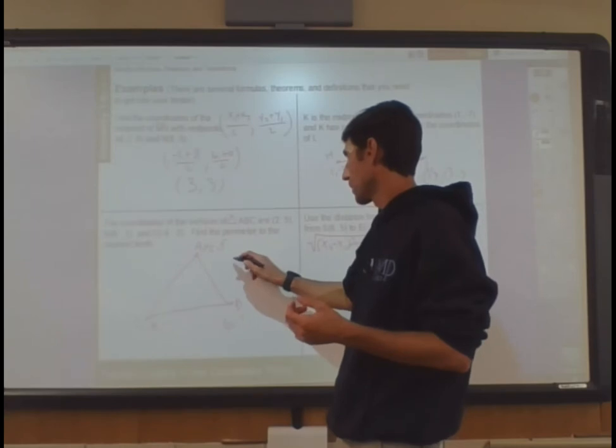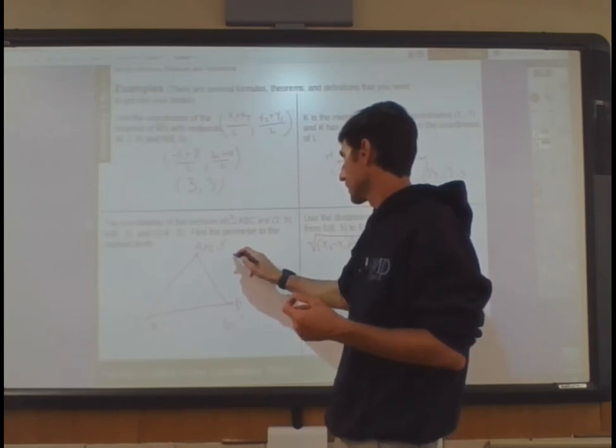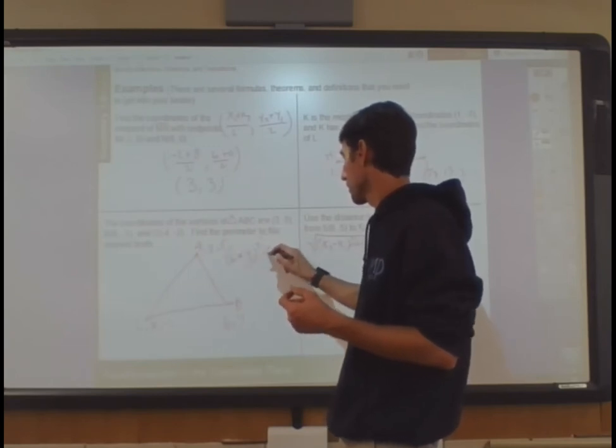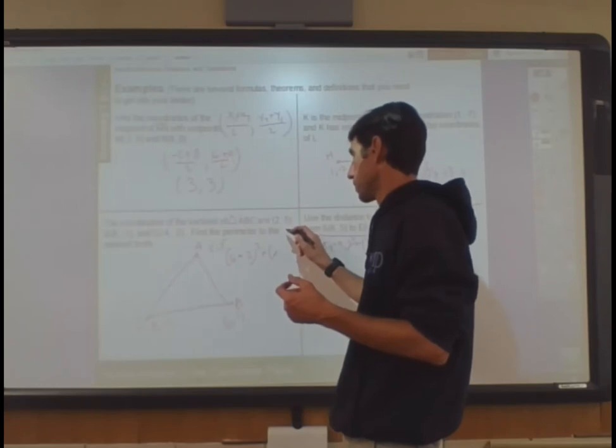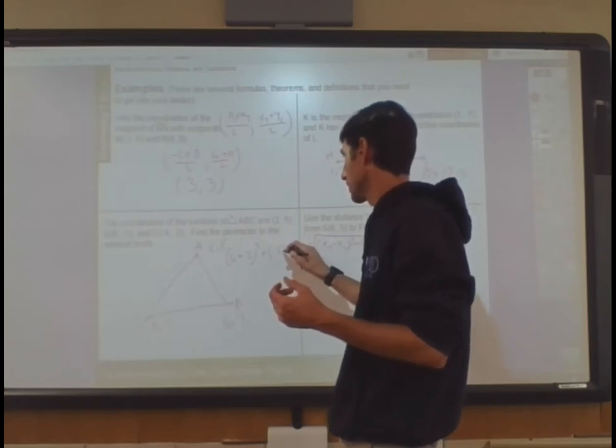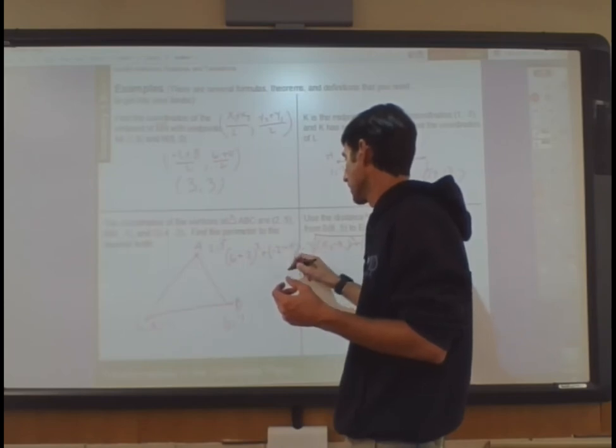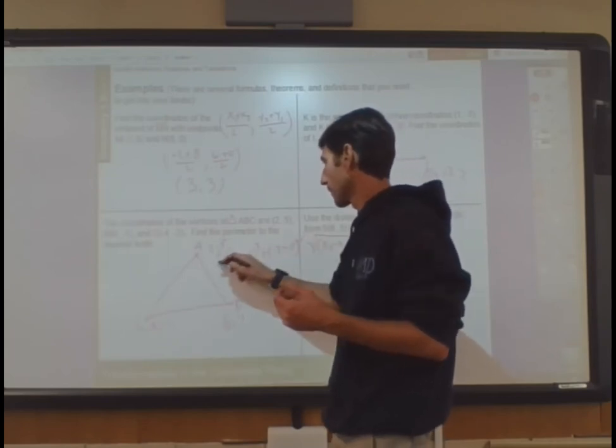So we're going to go 6 minus 2, squared, plus -2 minus 5, squared.